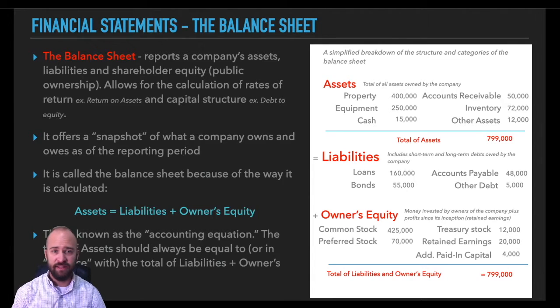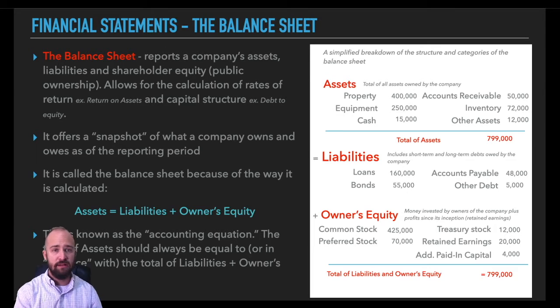So the liabilities plus owner's equity side of the equation, that's the capital structure, right? That's the capital sourced to fund this company from either debt, which is liabilities, or equity, represented here as owner's equity. The cash raised from those two sources of capital will be used to purchase assets. And as such, those things are always going to be in balance. So, for example, on our sample balance sheet here, under liabilities, it says that we have loans equaling $160,000.